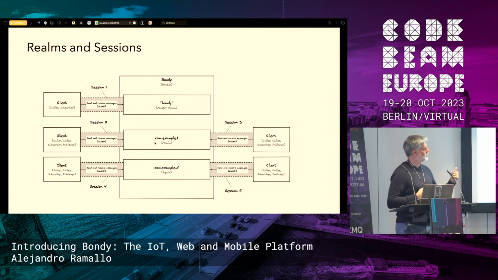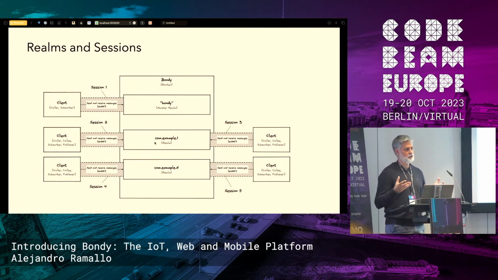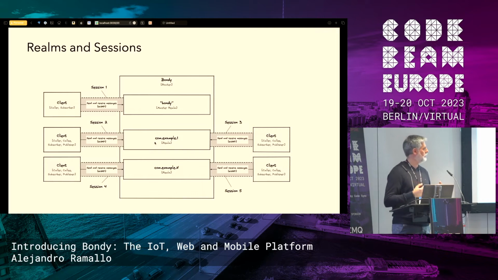So we have a Bondy master realm, that is the admin realm that allows you to control Bondy. And in this case, we have the com market demo realm. So every client that connects can only attach to a single realm. And once it's attached to the realm, it can only communicate with other peers in the realm, and it can only see messages that are within the realm.